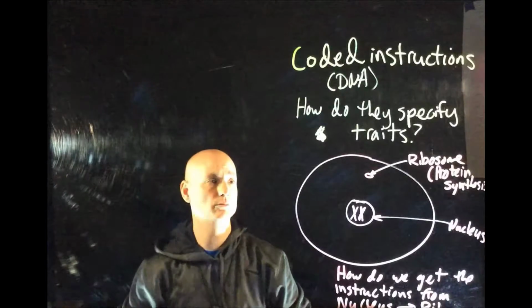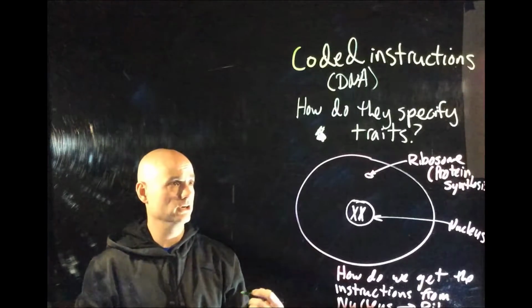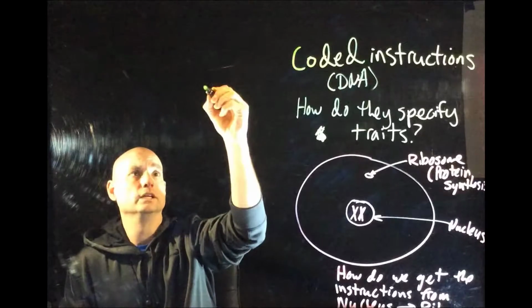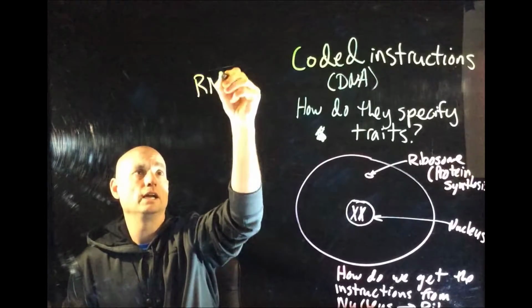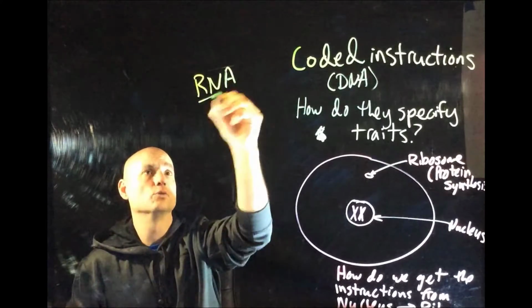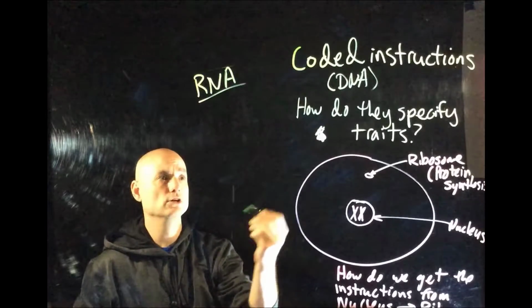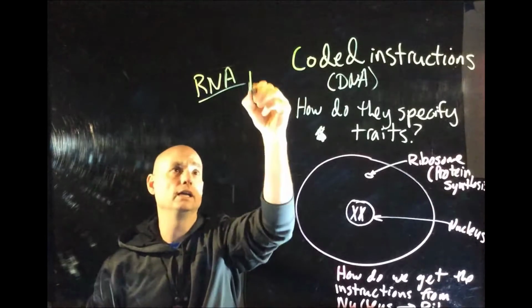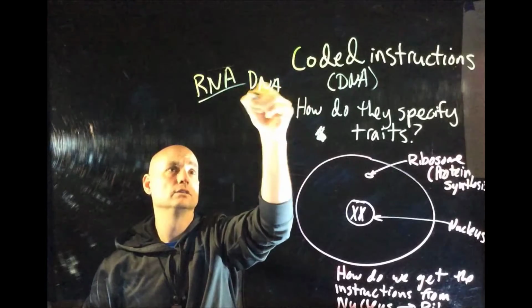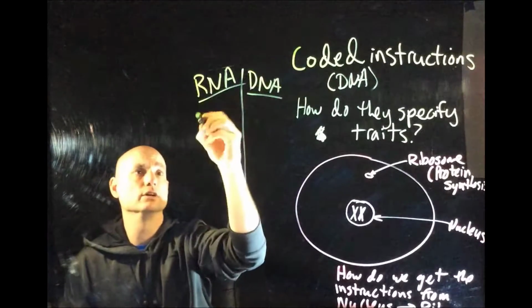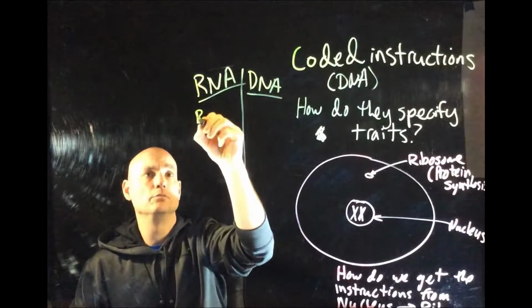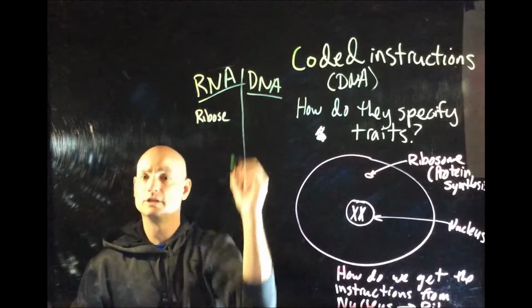And so we're going to bring in a next player. And the next player is RNA, ribonucleic acid. So a couple of things are different between RNA and, let's say, DNA. Let's just divide that in half here. RNA is made of ribose. That's the sugar.